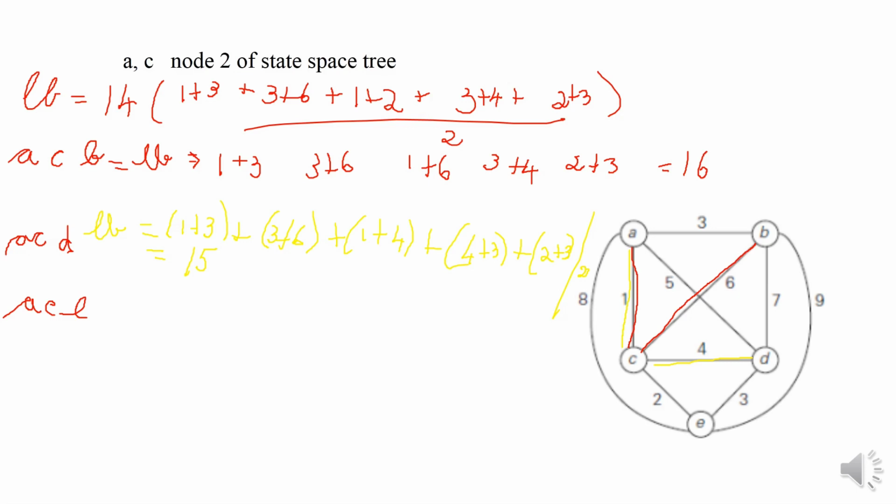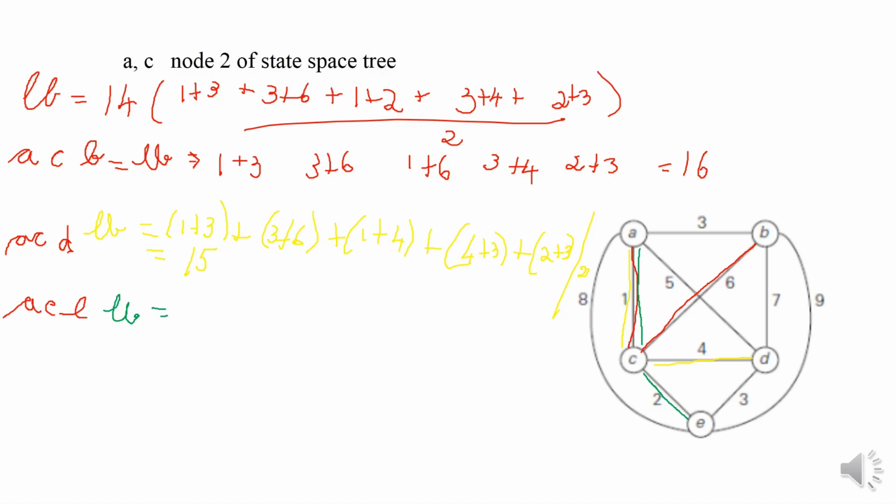And coming to ACE, you will be getting the lower bound. So you need to have the edge AC and from C to E. So C to E is this edge.